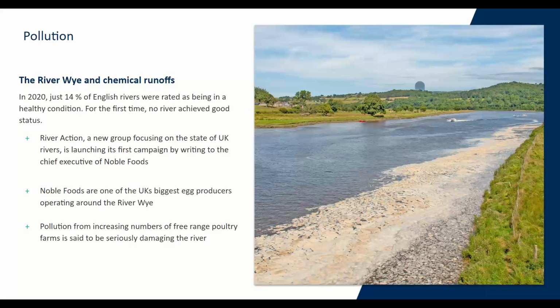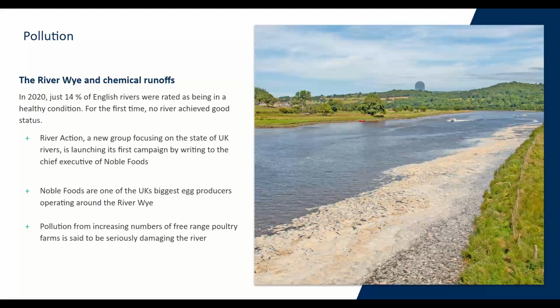A report by the Campaign for Rural England in 2019 said there were 500 farms with a total of 1,420 intensive poultry sheds containing over 44 million birds around the counties of Shropshire, Herefordshire, and Radnorshire, raising concerns about pollution of water systems.